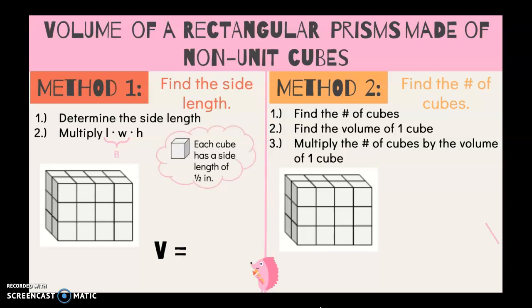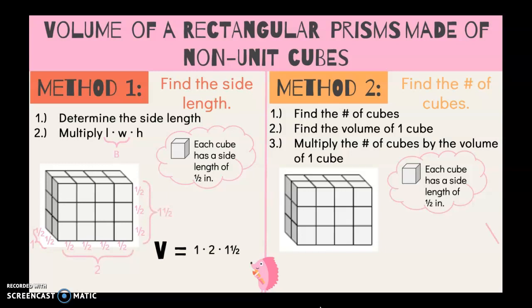Each of the cubes has a 1/2 inch side length, so 1/2 inch times 1/2 inch times 1/2 inch. If you were to label them, they would be 1/2 inch on every side length, and you can see them labeled there. On the width, I have a half plus a half, which makes 1.